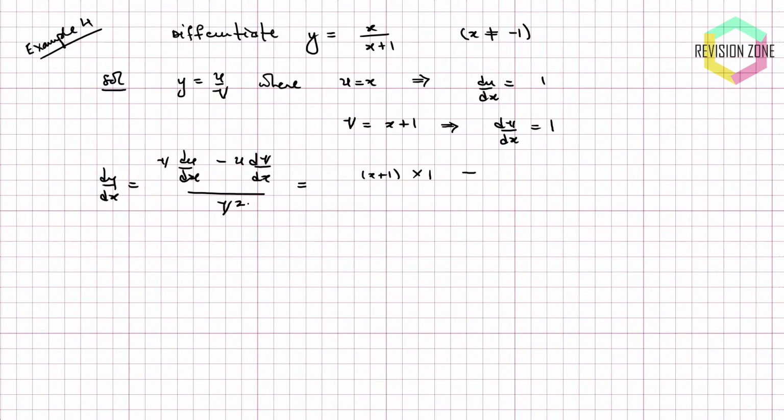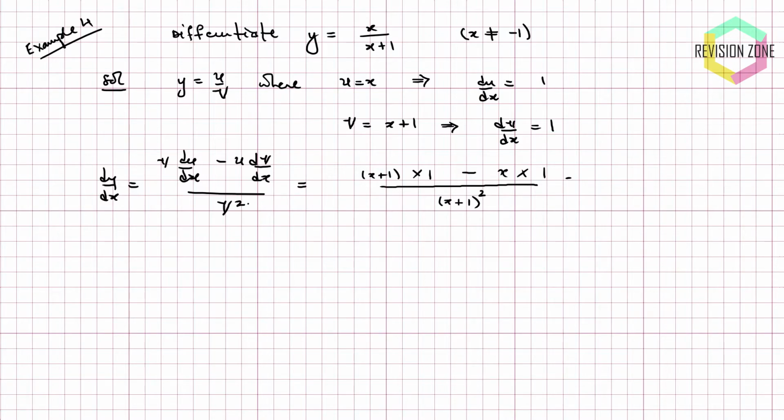The u is just x, we see that there. And my dv by dx is of course just 1, and then the whole thing is over v squared, but my v is x plus 1. So it's all over (x plus 1) squared, okay? So we have that.